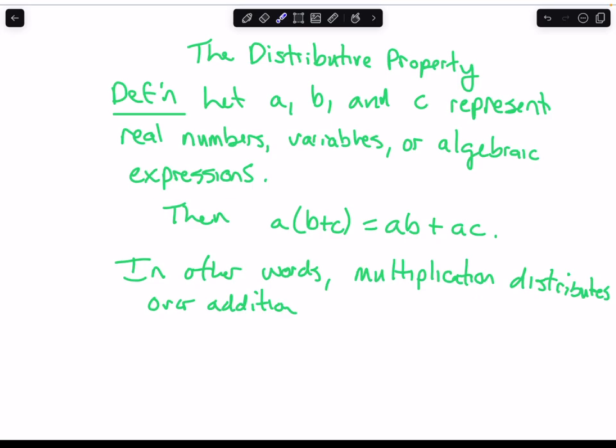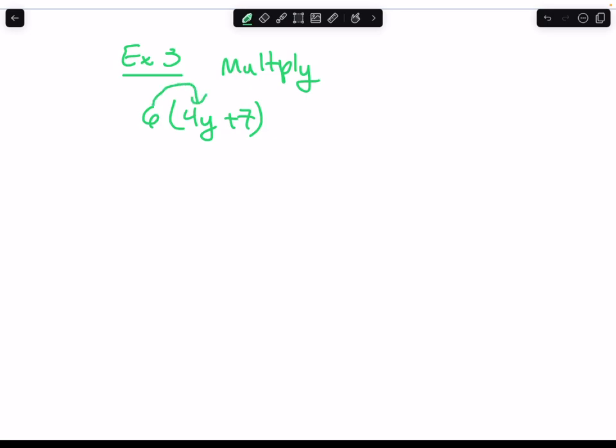Let's try another example. All right, example number 3. We want to multiply 6 times 4y plus 7. How do we distribute? Well, we take the 6 and distribute to the 4y.